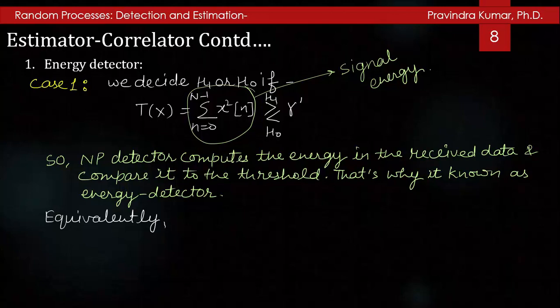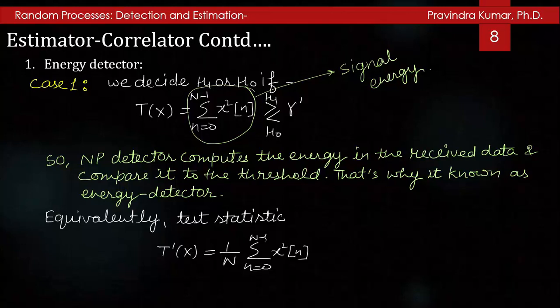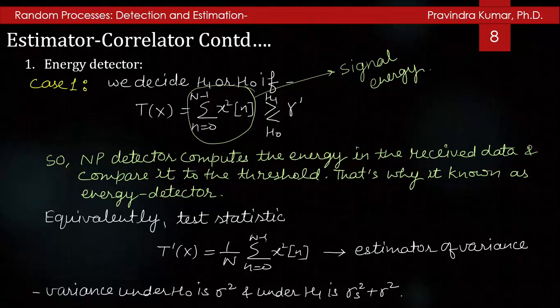Equivalently, the test statistic T dash(x) will be 1 by n summation n=0 to n minus 1 x square n, which is an estimator of variance, and it is compared to the threshold. Variance under H0 is sigma square and under H1 it is sigma s square plus sigma square.